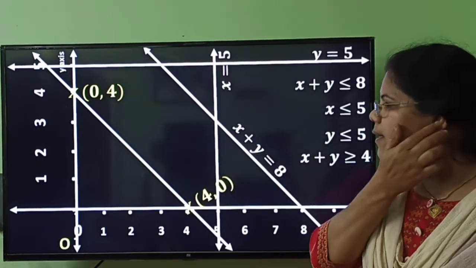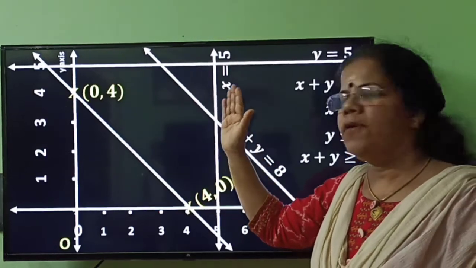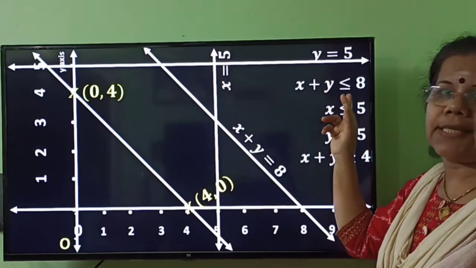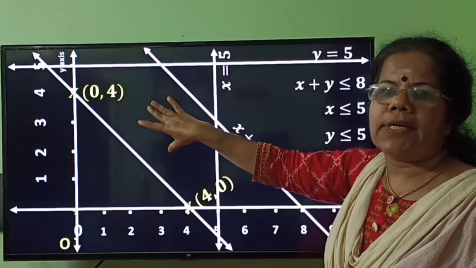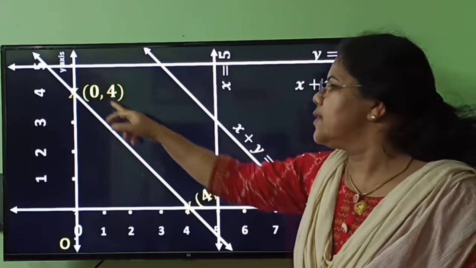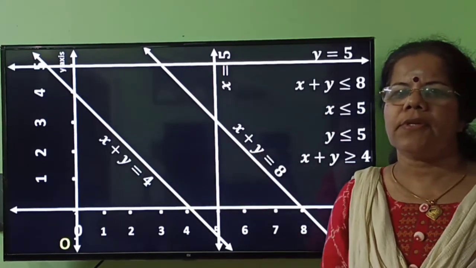Previously we have taken many examples of how to find the region for each inequality, right? Now this will be the common region. If you shade one after the other, this part will be the common region, the feasible region.